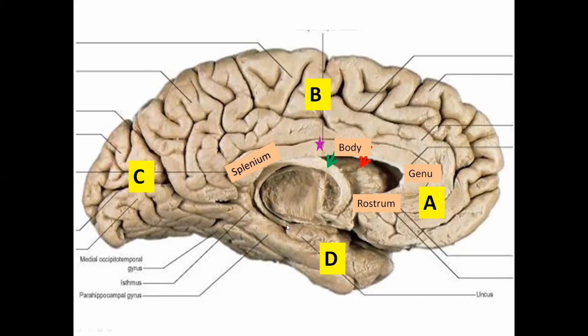It begins in this area, the hippocampus. It goes and ends in the mammillary body of hypothalamus. The septum pellucidum extends from the inferior surface of the corpus callosum to the upper surface of the fornix, separating the lateral ventricles of both the sides.